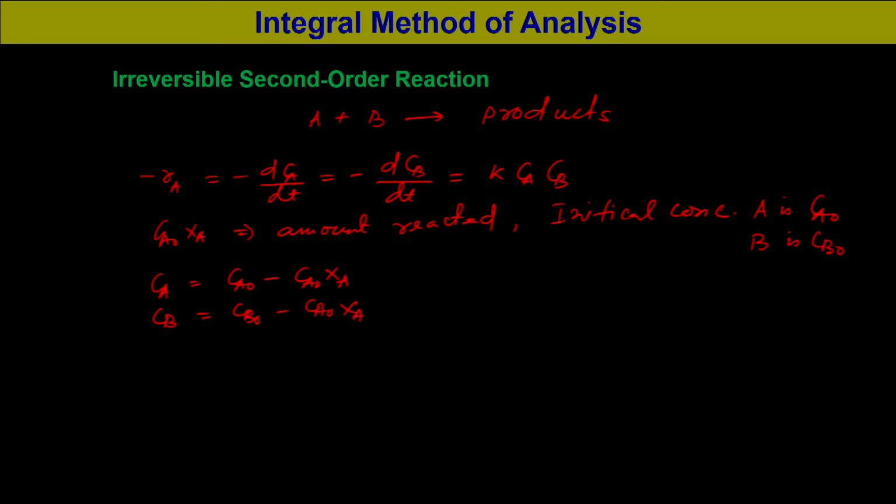in this rate expression, we can obtain minus r_A would be equal to C_A0 dx_A/dt. How do we obtain dx_A/dt?